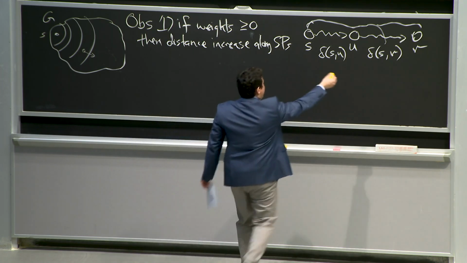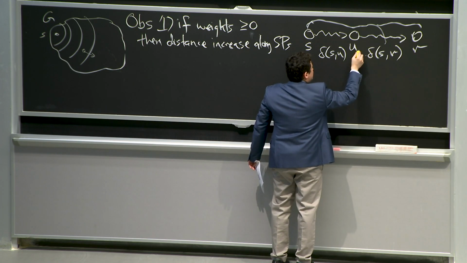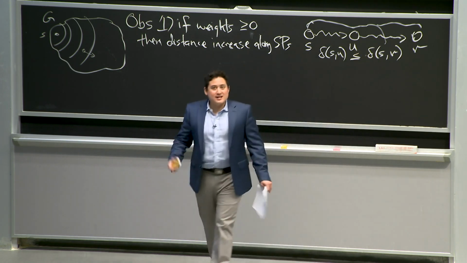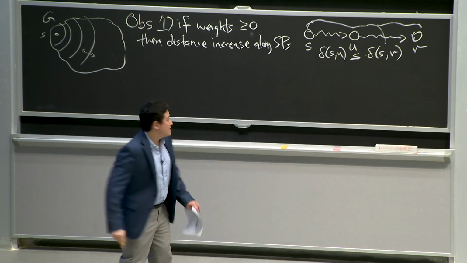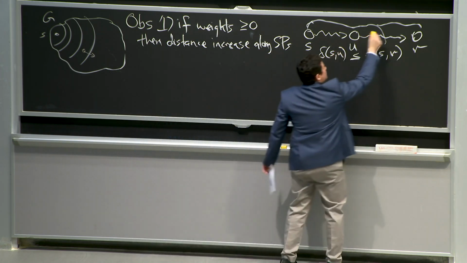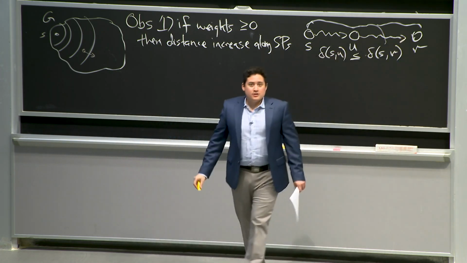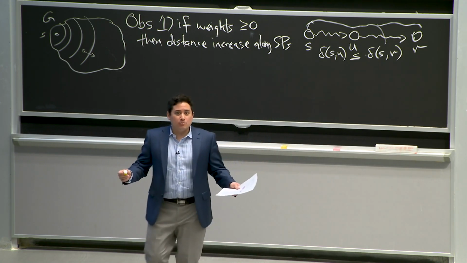If U is along that path, then the distance to V has to be at least as large as the subpath, because the weight of this path cannot be negative. So that's the thing that Dijkstra is going to exploit.